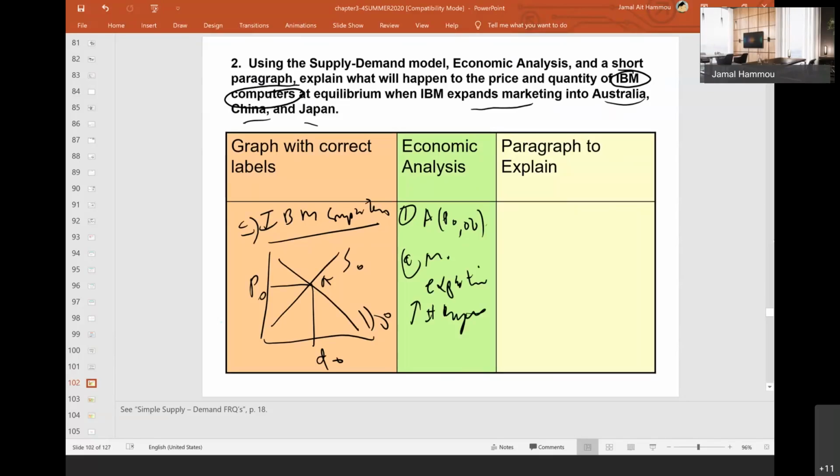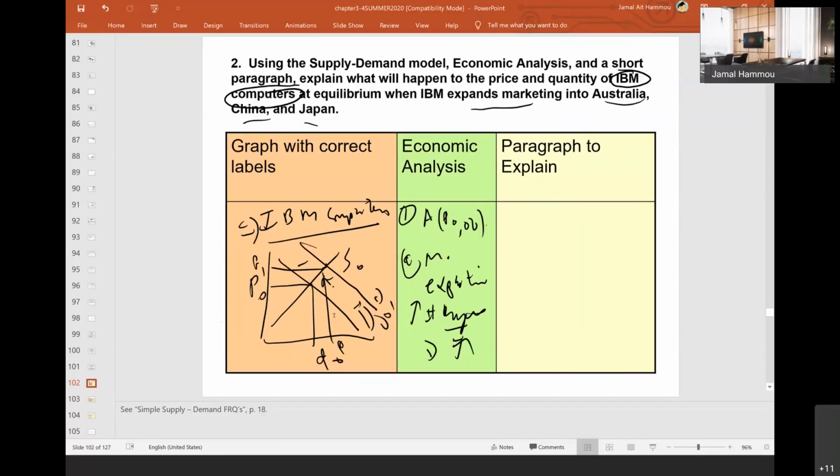When we talk about buyers, we're talking about demand. So demand will go up, and I just have to shift the demand curve to the right, D1. Then I have a new equilibrium at P1, Q1. Step number three will be the new equilibrium at B1.